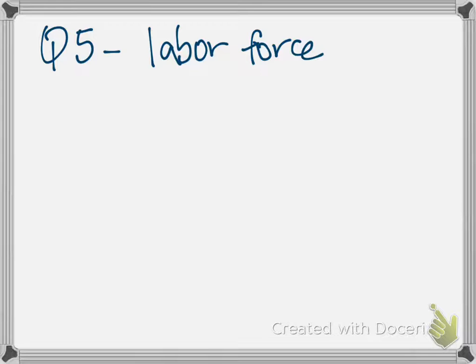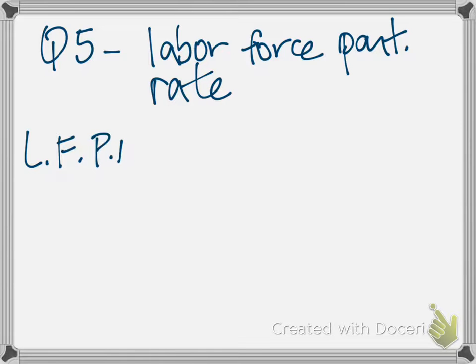Okay, so let's move on to the last question in quiz 3A. Question 5 asked us to calculate the labor force participation rate. Again, we need to recall one of those formulas, so let me write it out for you.